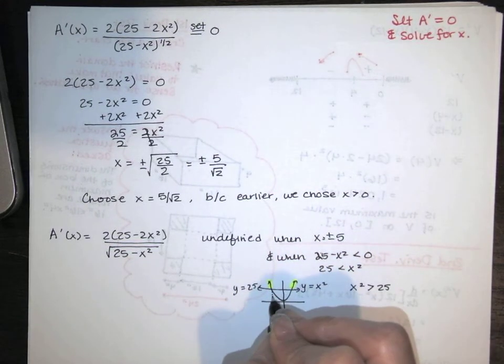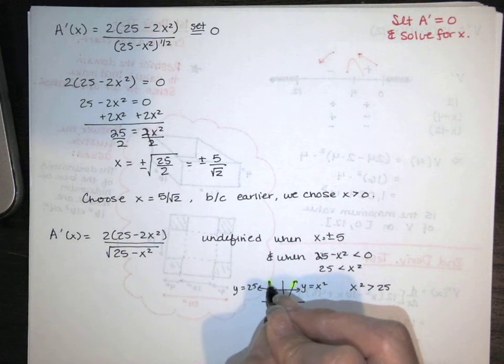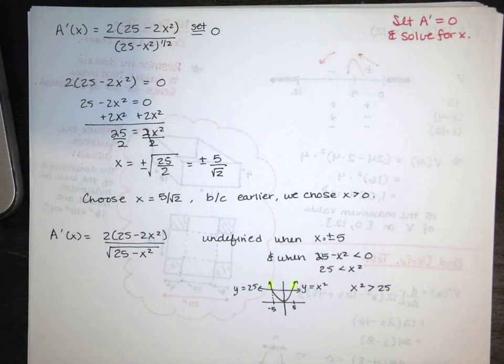You're saying, okay, what does that have to do with the domain? Well, the x values that go with those two little parts of our parabola are where this is undefined. So when x is greater than 5, or when x is less than negative 5, yeah, we're going to be in trouble.